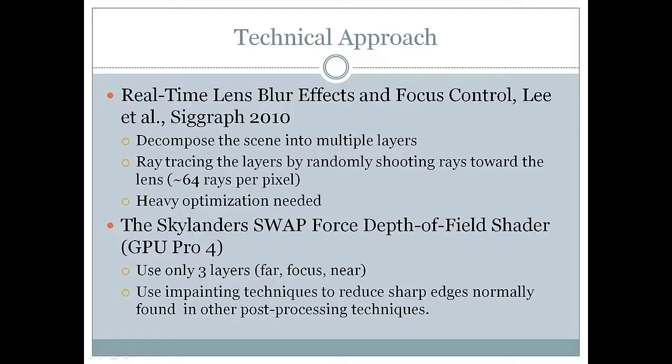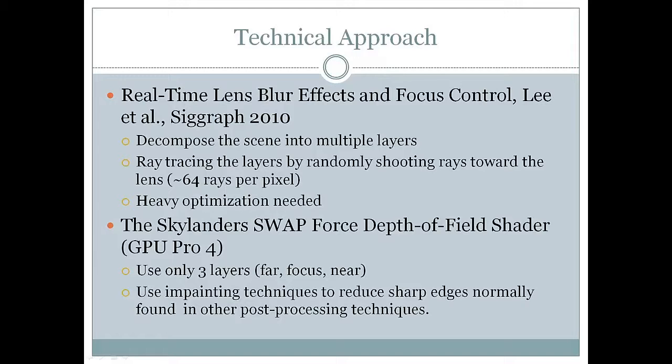This method is very costly, so to achieve real-time performance, the authors did a lot of optimization. But because of the time constraint, we chose to use a simpler approach. It is used in Skylanders SWAP Force and was published in GPU Pro 4.